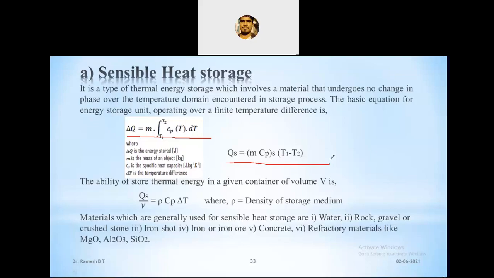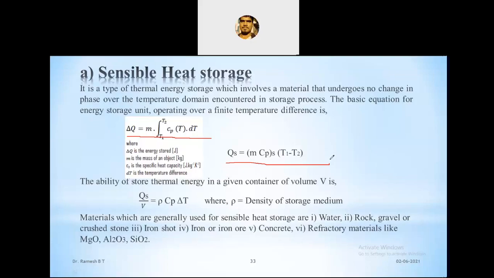That is the ultimate equation, where Qs or dQ is the energy stored, the heat energy of the system, having the unit joules. Small m is the mass of the object or substance, in kg.